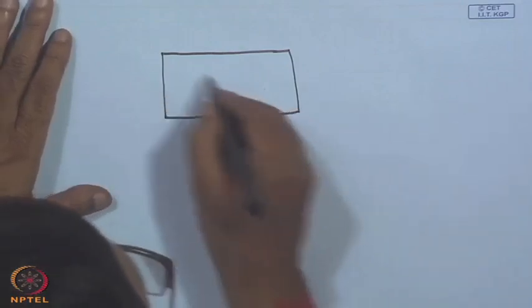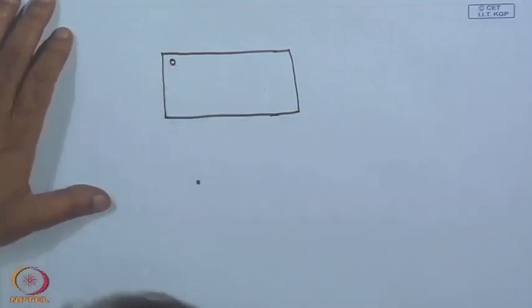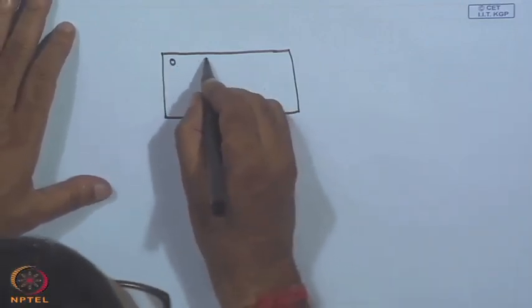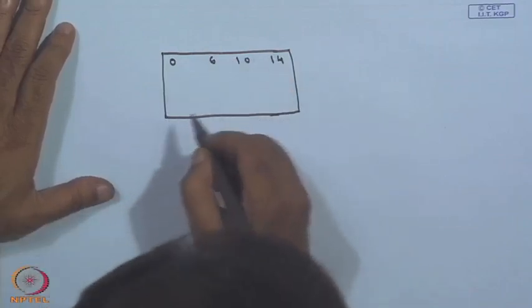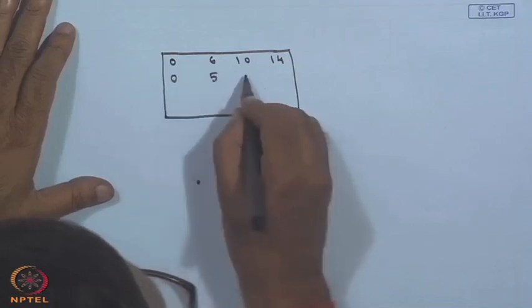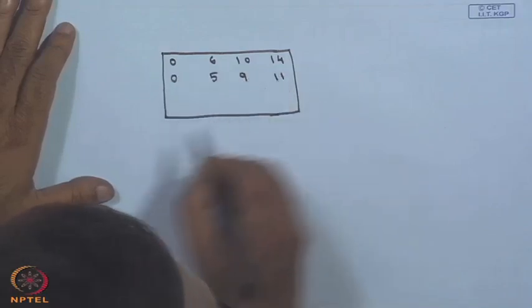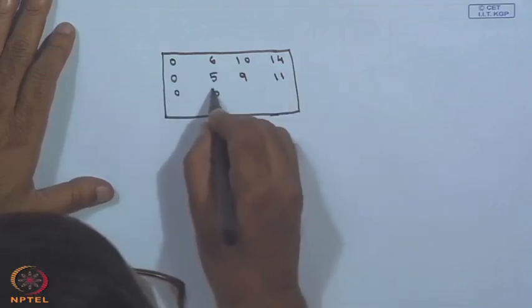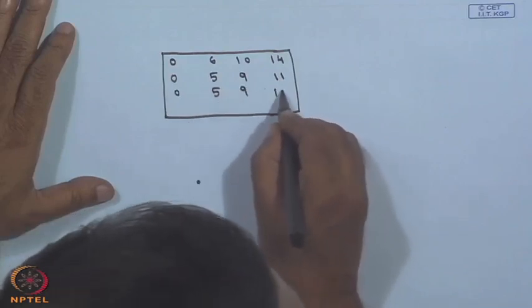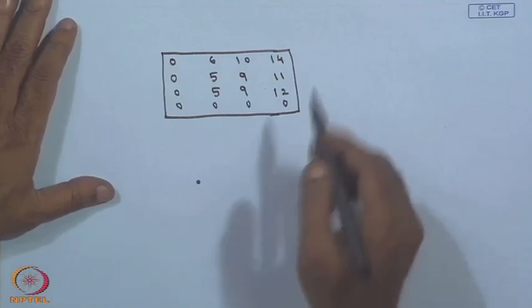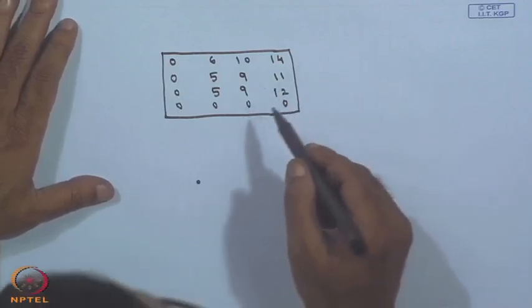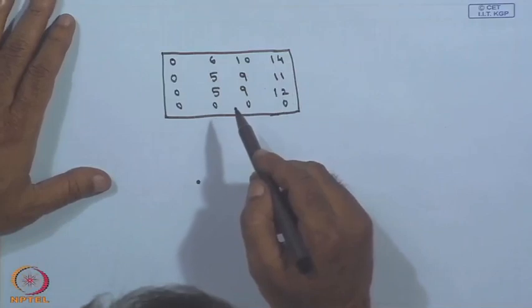I am just writing at a time: 0, 6, 10 and 14; 0, 5, 9, 11; 0, 5, 9 and 12; 0, 0, 0 and 0. Please note this one, after the row reduction and column reduction we obtained this.